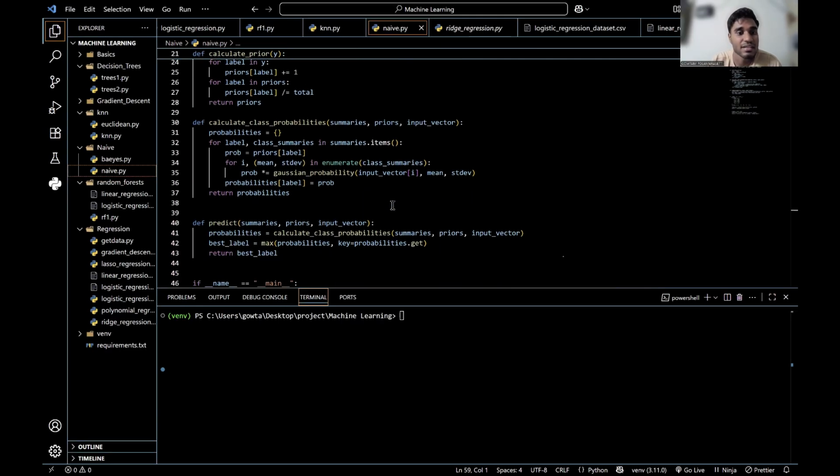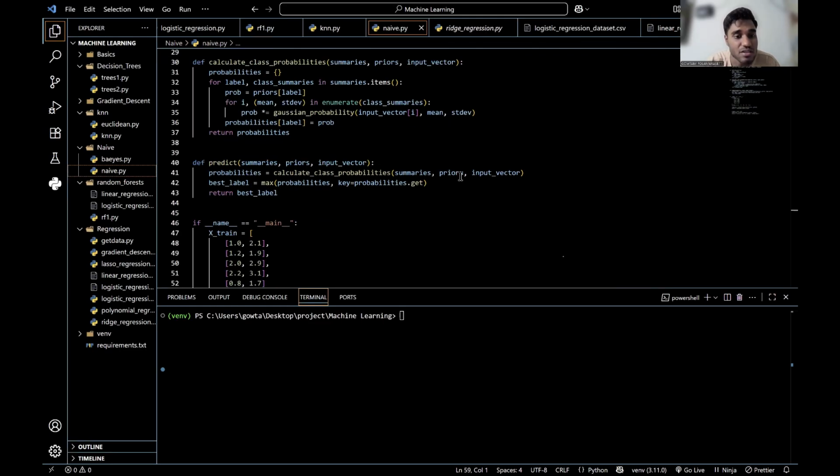The next function, calculate class probabilities, calculates the posterior probability for each class. It first initializes an empty dictionary to store the probabilities by class. For each class, it starts with the prior probability of the class. For every feature, it calculates the likelihood of the feature value in the input vector under the Gaussian distribution defined by the class's mean and standard deviation, and multiplies all likelihoods with the prior to get the total probability, and stores this product in the probabilities dictionary for the class.